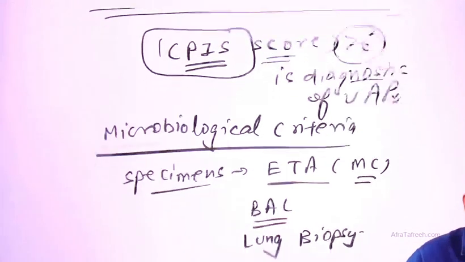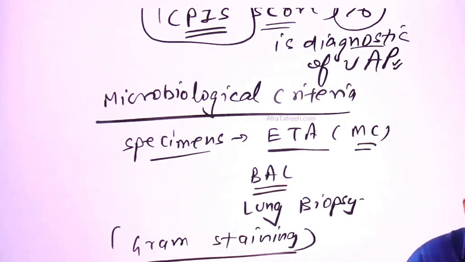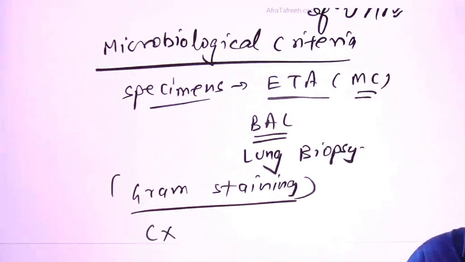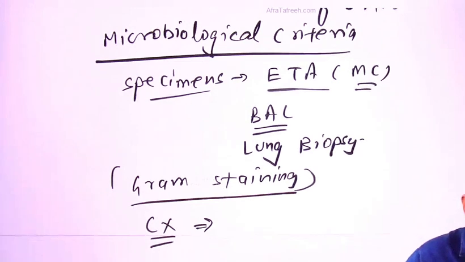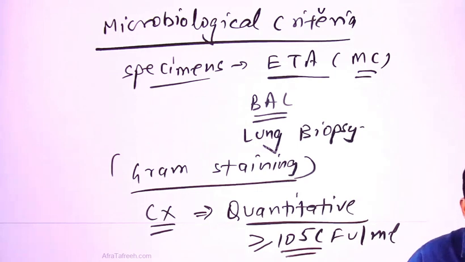Then first and most important, you can go for gram staining and find out which particular flora is coming off. And definitely you can go for the culture, and the significant amount is termed quantitative assessment. That quantitative assessment is what? More than or equal to 10⁵ CFU per ml.